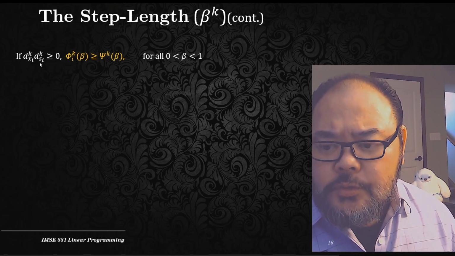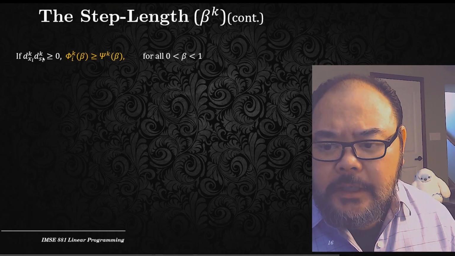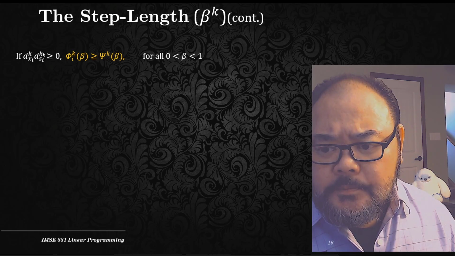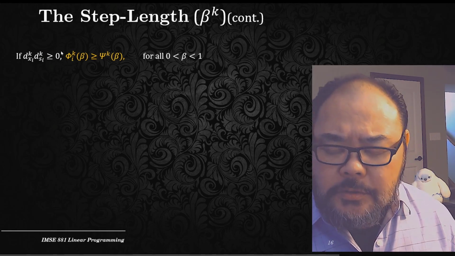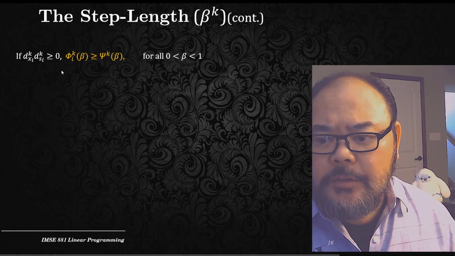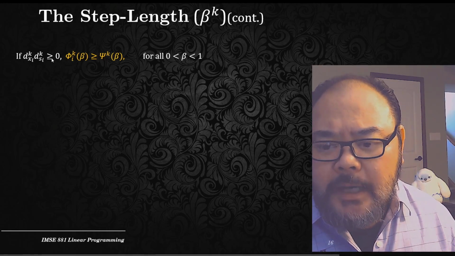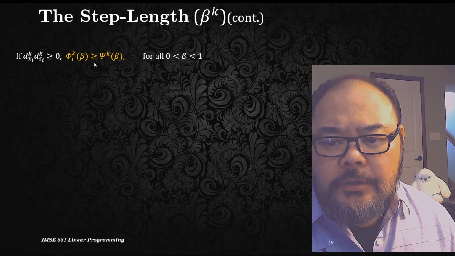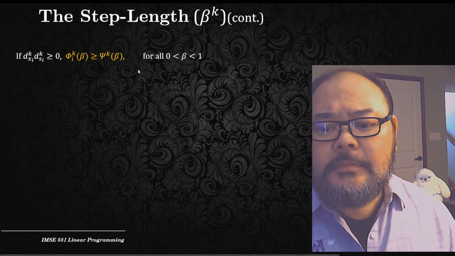For the elements inside dx transpose times ds, the sum is supposed to equal 0, but each individual element may not be 0. If some of them are positive, the new duality gap will be greater than this psi k.